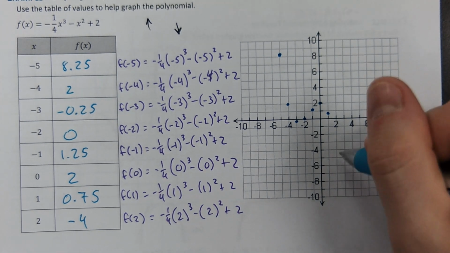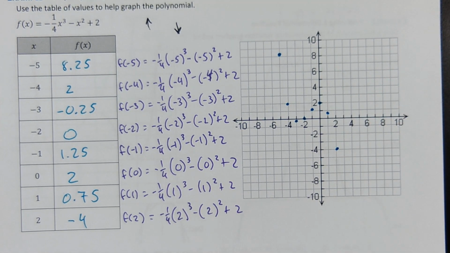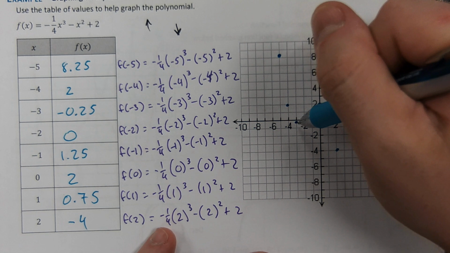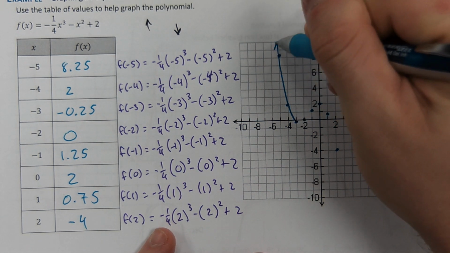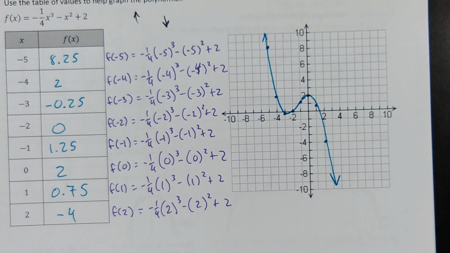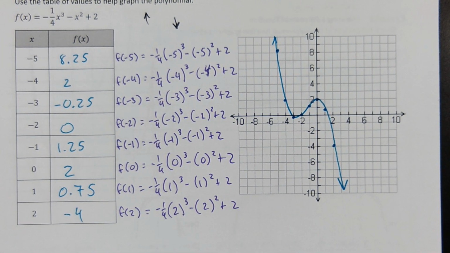And 2, comma, -4. And we know that that's what the endings look like. And if we just try to connect the dots, we're going to get something like this. Ta-da! So, easy, but tedious, maybe. Do you think you could pull that off, though? Can you handle that? Okay.